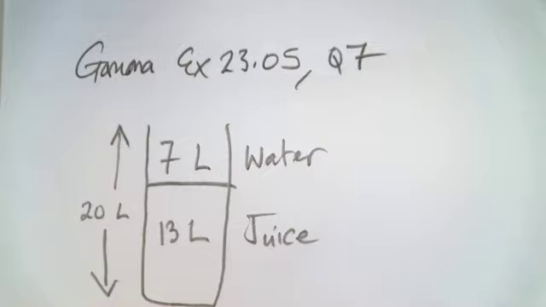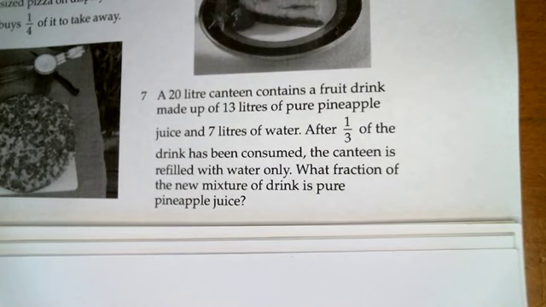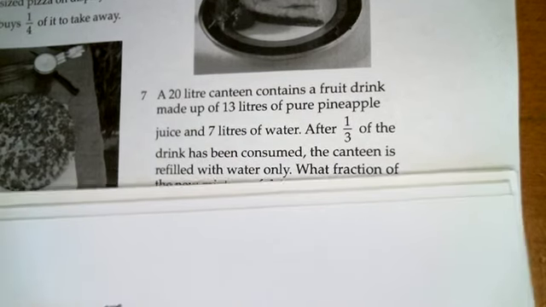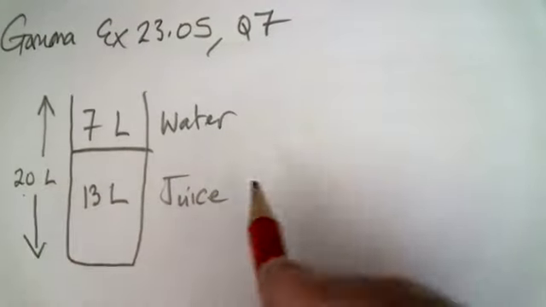All right, so let's take a look at how that plays out. So it then says, after 1/3 of the drink has been consumed, the canteen is refilled with water, and then it asks you what fraction of the mix is juice and water. Okay, so first of all, let's drink 1/3 of it. We know that 13 and 7 is 20.